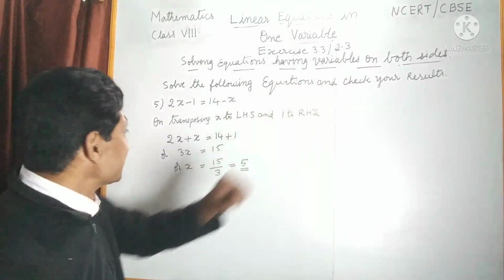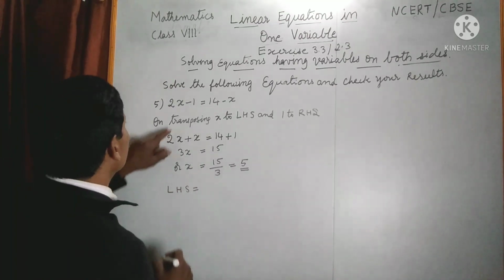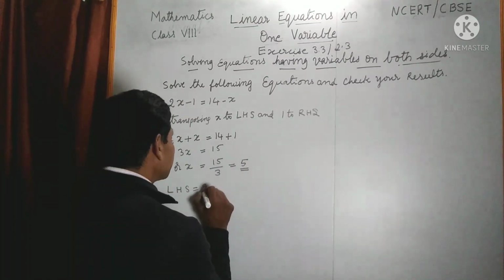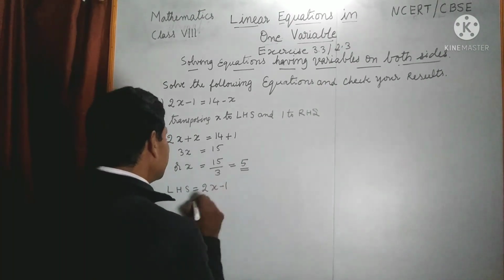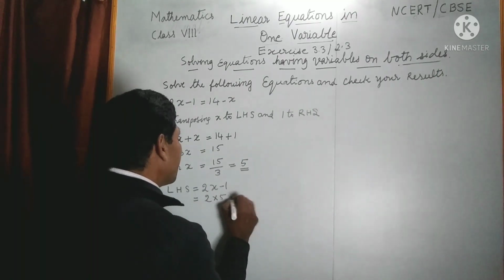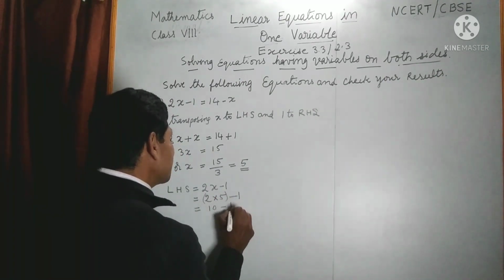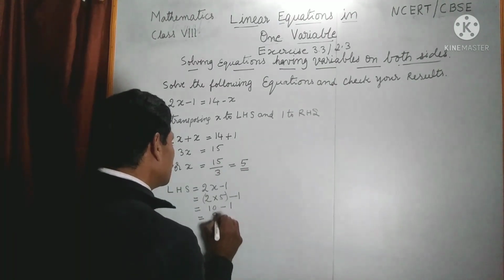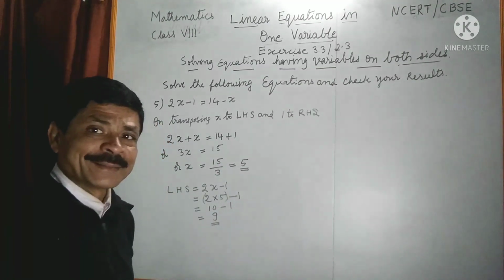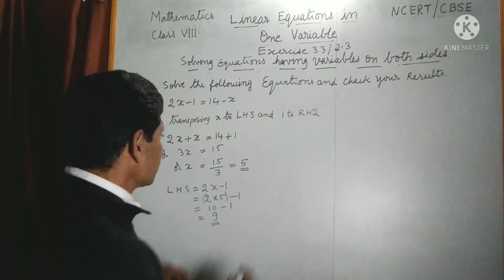Now let us check the result. LHS is equal to 2x minus 1 is equal to 2 into 5 minus 1 is equal to 10 minus 1 is equal to 9. Now let us check at RHS.